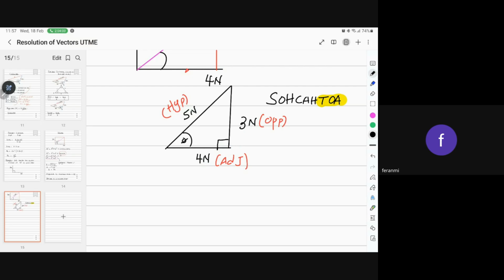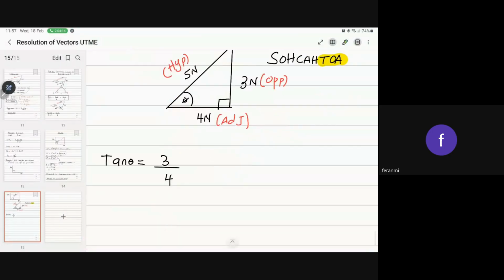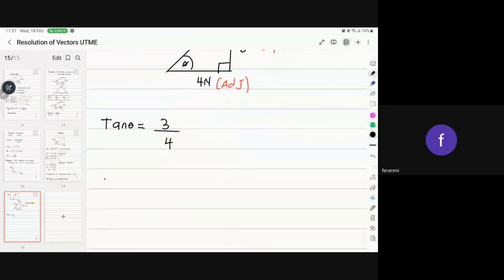So that angle now is going to be tan theta is equal to opposite over adjacent. Opposite is 3 over adjacent equal to 4. So that means that theta is equal to tan inverse of 3 over 4. 3 over 4 is 0.75.